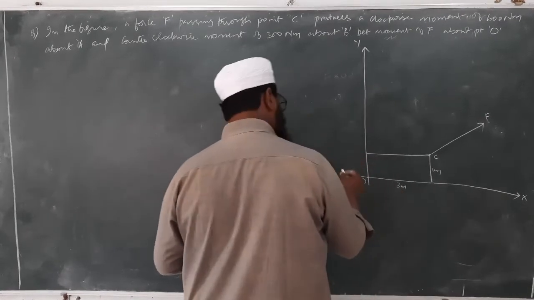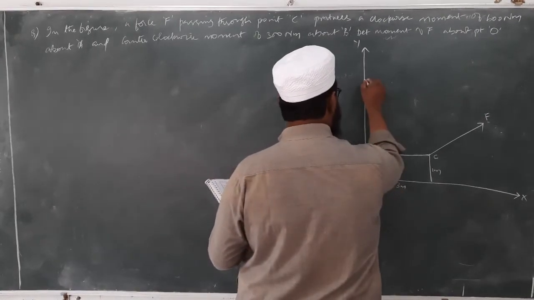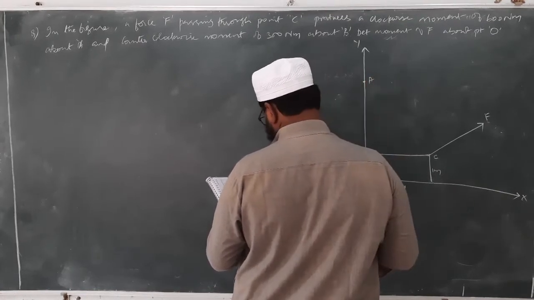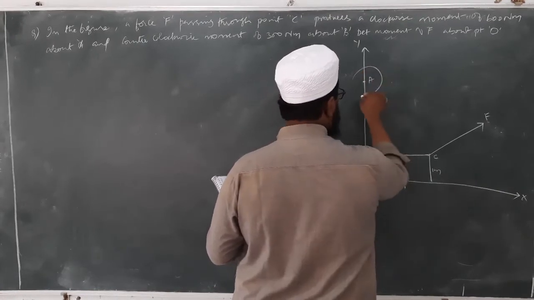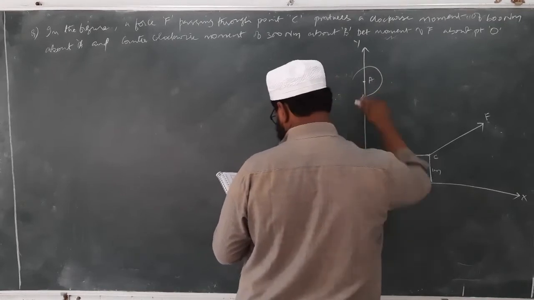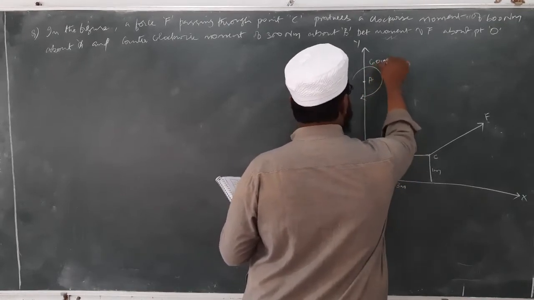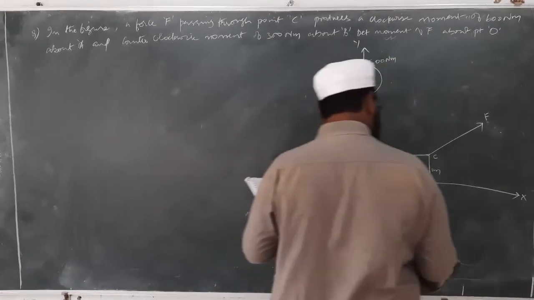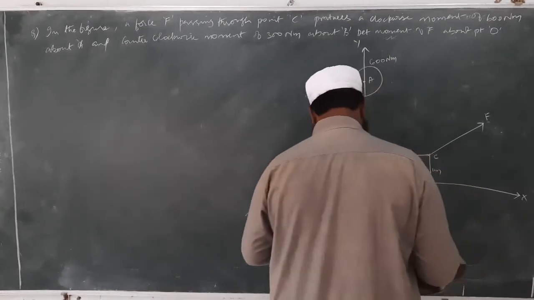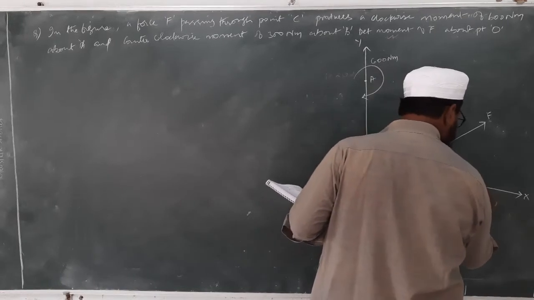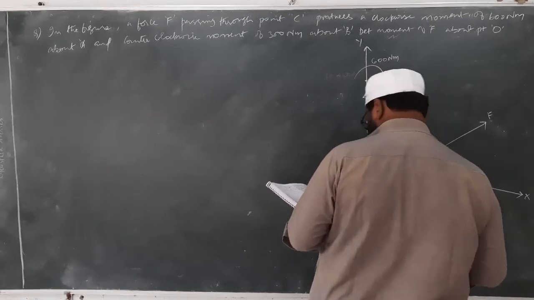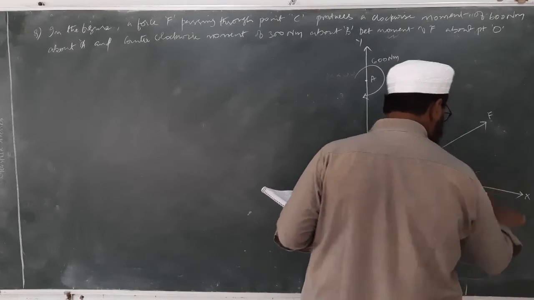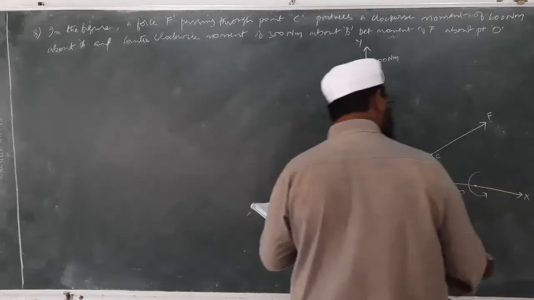and here we have one point, this point is A, and we have a clockwise moment of 600 Newton meter, and we have here one more point at 2 meters, this is 2 meters, and we have anti-clockwise moment, that is counterclockwise moment.